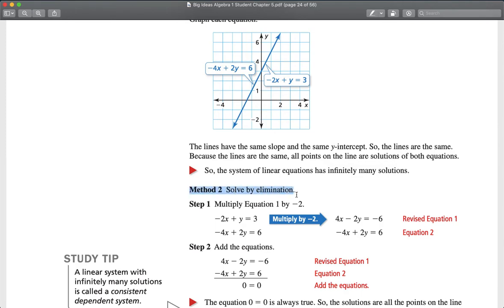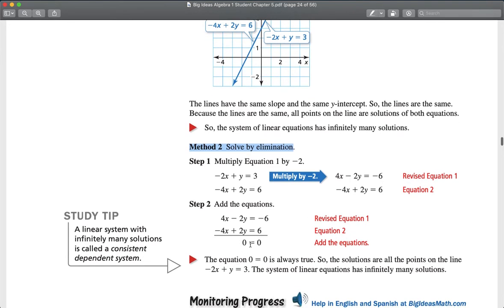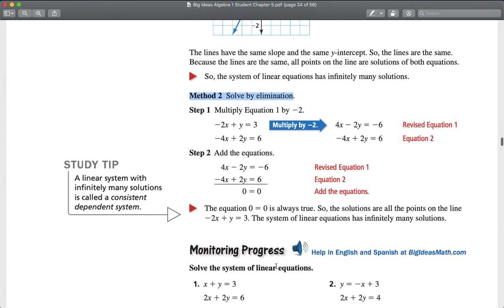Look at that. They changed the first equation by multiplying by -2, and here you get 4x, -2y, and -6. What happens if you add these things up? You get 0 equals 0. So remember that when you get 0 equals 0, which is always a true statement, you will have infinitely many solutions.